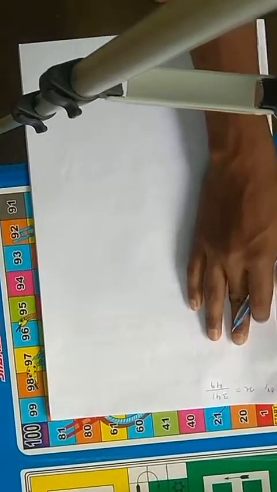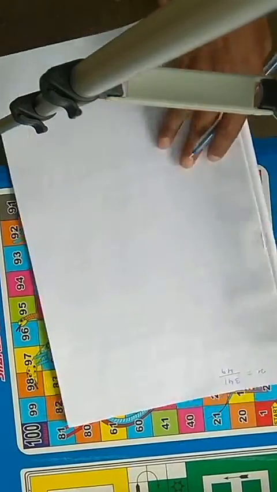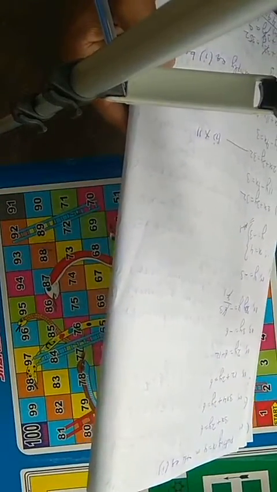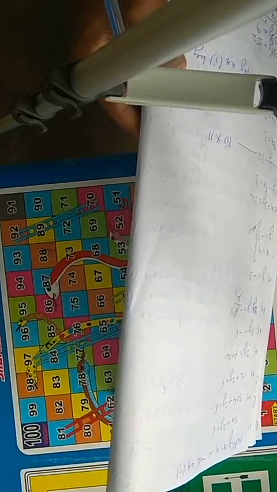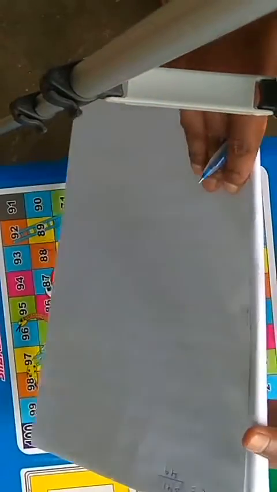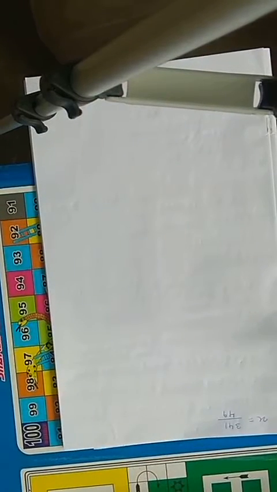How many times? 3 times, 4 times. 341 divided by 49, that is not possible. There is a mistake. Wait.